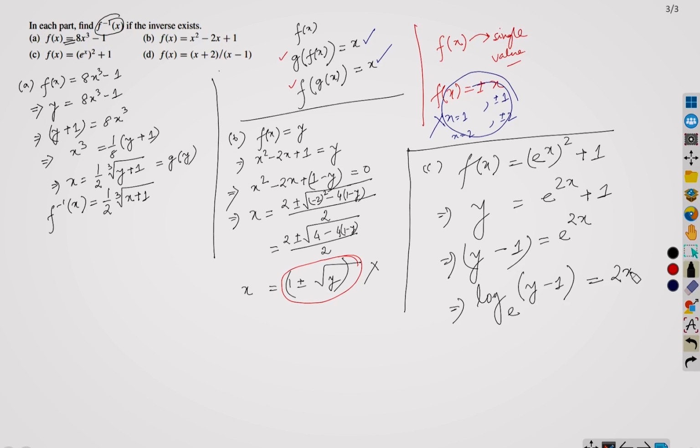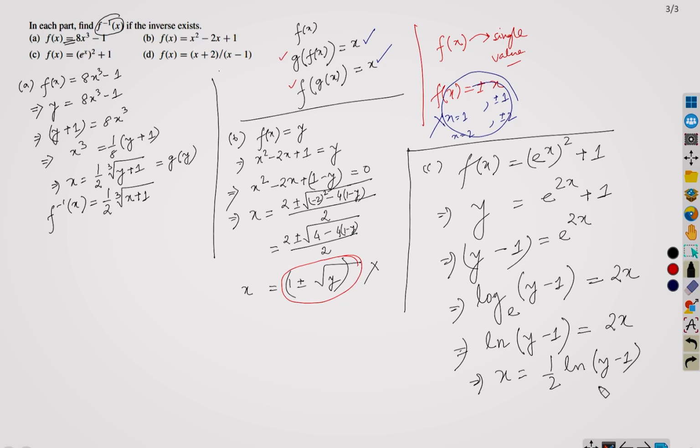It will be 2x. Log base e can be written as ln, which is the short form of writing log to the base e. Simplifying, we obtain x equals half of ln(y minus 1).